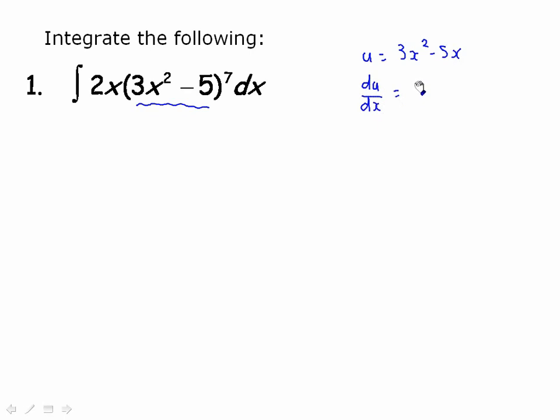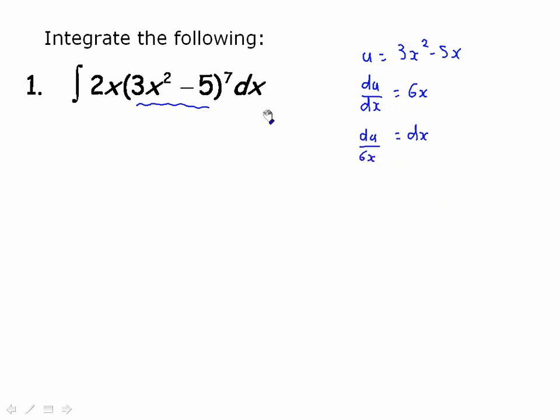So the derivative of u with respect to x is equal to 6x. Now, you know that du/dx doesn't mean du divided by x. It means the derivative of u with respect to x. However, if you did treat it like a differential, that is, like a variable expression, you could isolate the dx and express it as du over 6x.